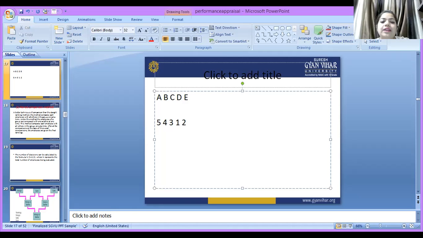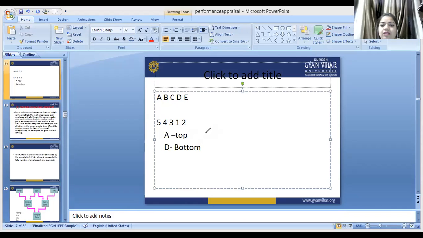In this we can see person A is basically at the top level, and person D is at the bottom. Person A will get the reward because, in the ranking method, person A is on 5, which means he is at the top level.